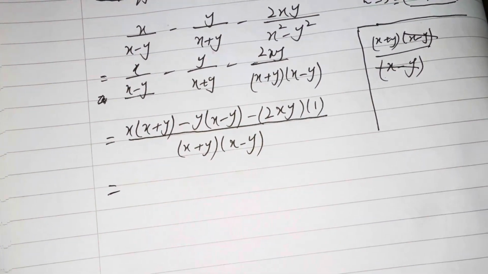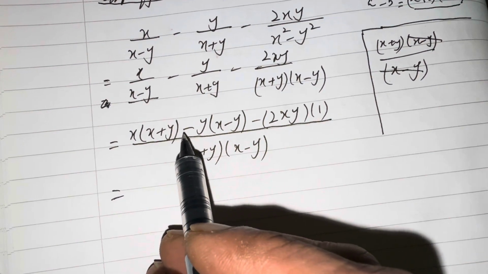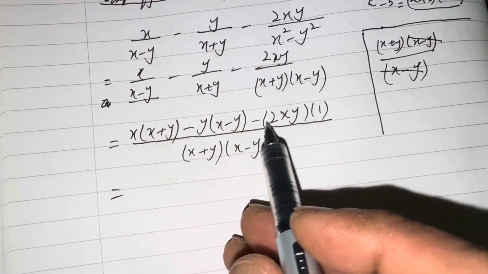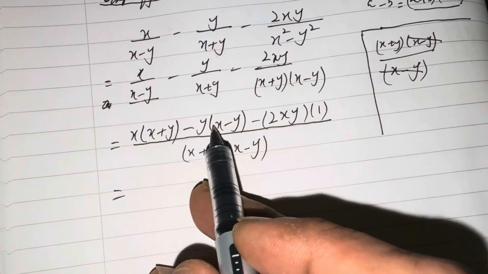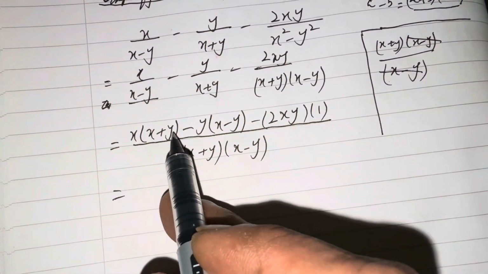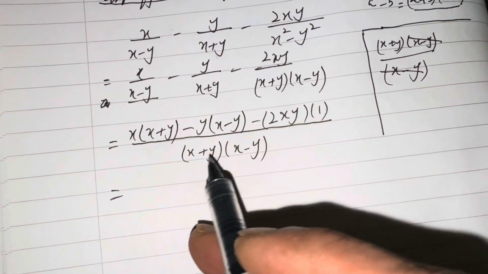So now in the simplification we will remove these brackets by multiplying x by x and y, and 2xy.